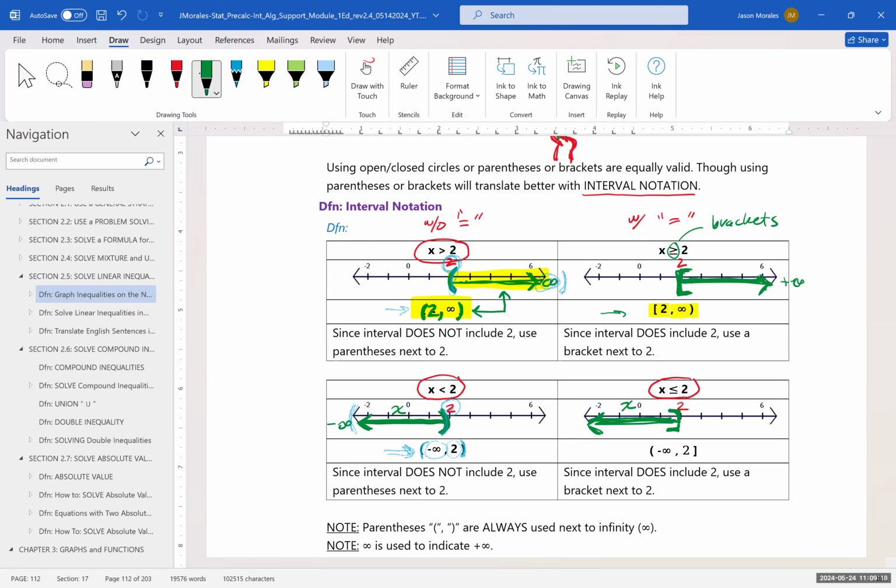This is where our values of x are going to live. As we read this number line from left to right, we've got parenthesis, negative infinity, and then comma, 2 right bracket.